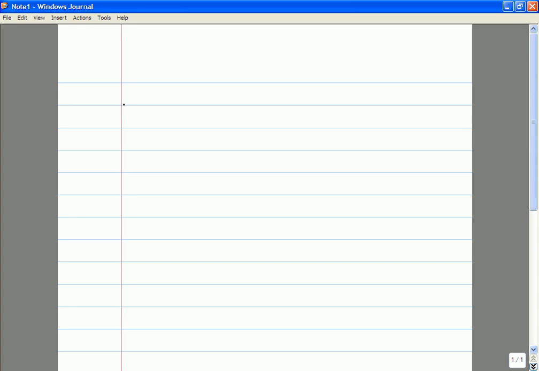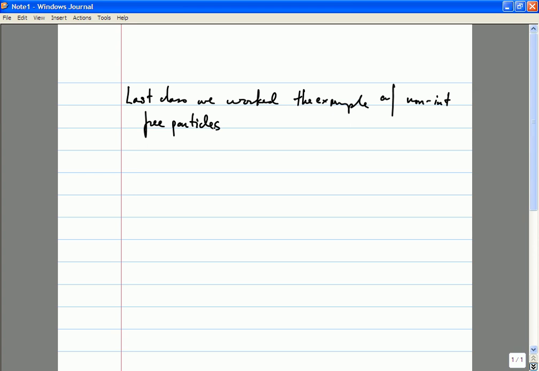So last time, we started working through the example of non-interacting free particles in quantum statistical mechanics.